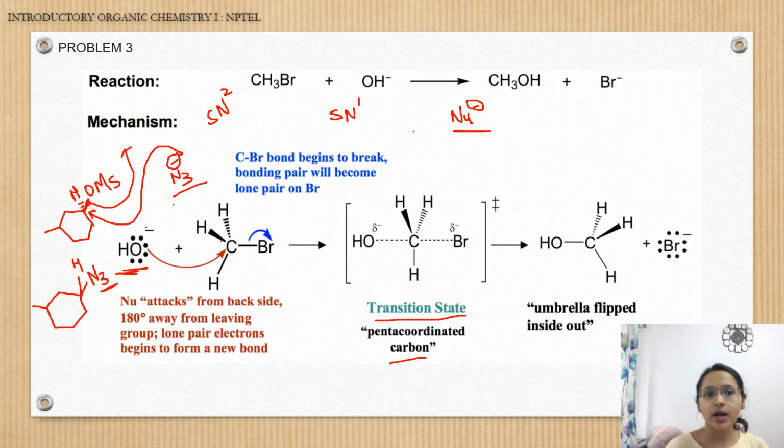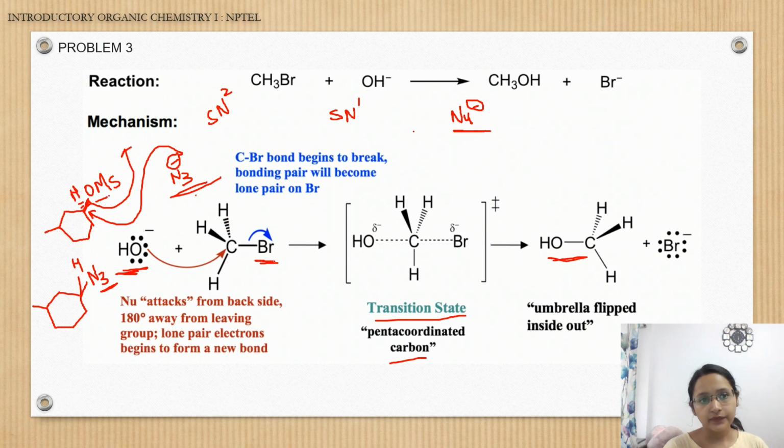So here also azide has to attack on this carbon from the backside of this OMS, that is a leaving group. So here also a penta-coordinated carbon transition state forms, and what you have here is the inversion of stereochemistry. Basically, opposite stereochemistry will be here for this particular nucleophile.